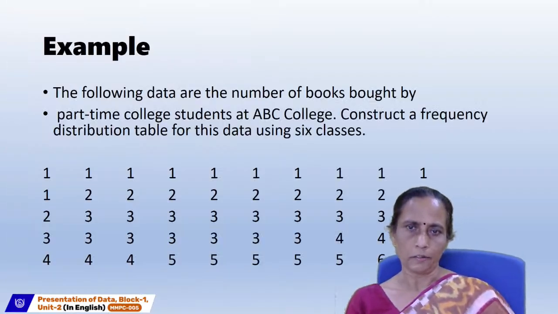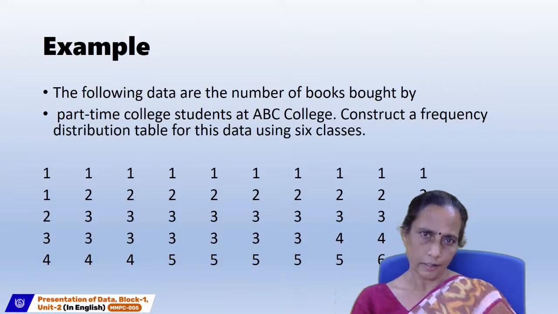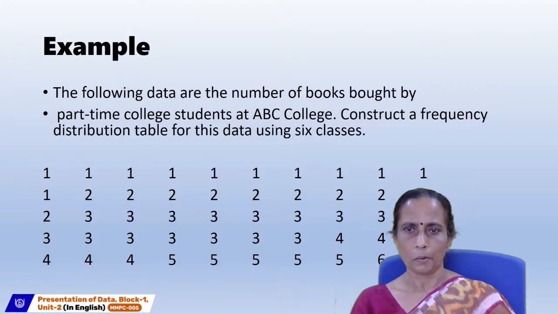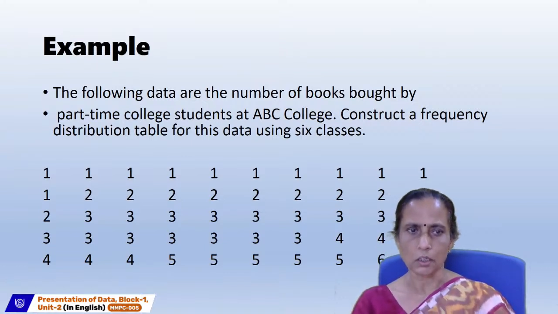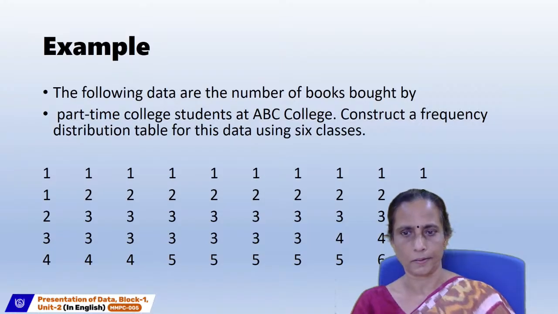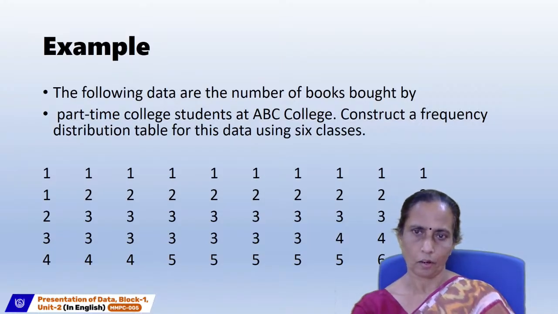Suppose this is the data, which is the number of books bought by part-time college students at a college. We need to construct a frequency distribution table for this data using 6 classes.